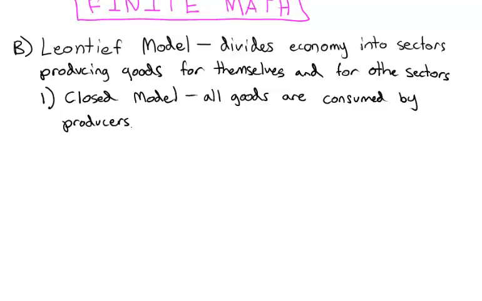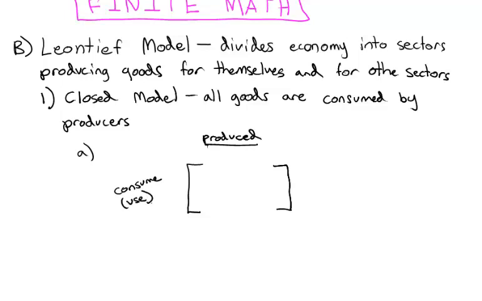Now, when we set this up, we're going to set up a matrix that's going to describe what's going on. The columns are going to represent the producers, what they produced, and the rows are going to represent what they consume, or we'll use the word use. So you produce something and you use something.